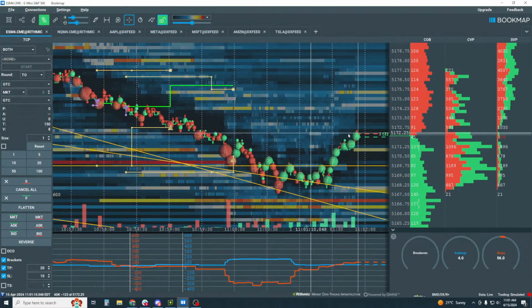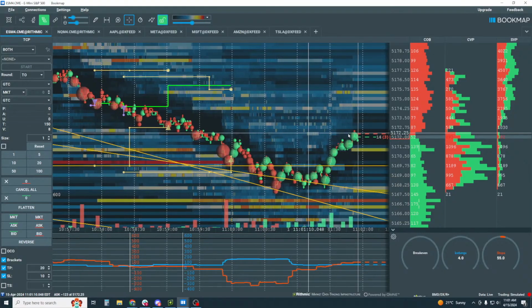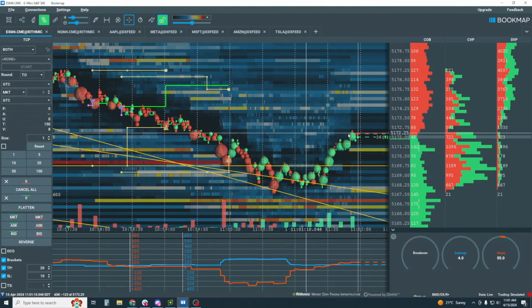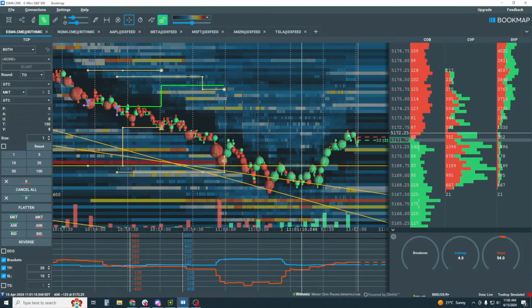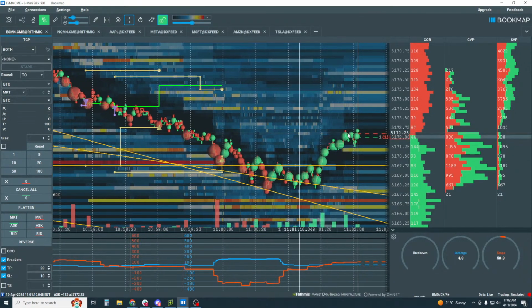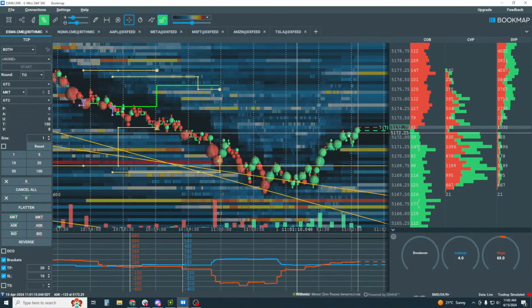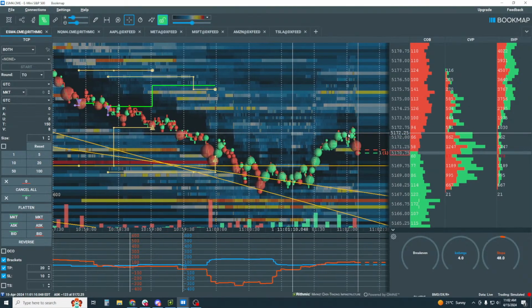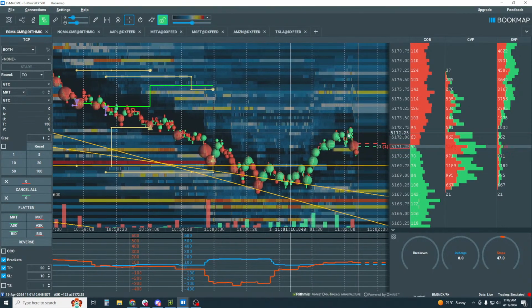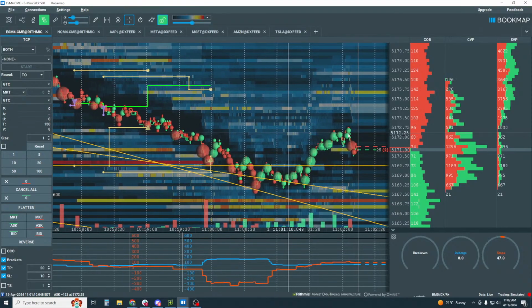We know that we have an edge. That kind of confidence makes all the difference. And then you start to manage your trade around those areas. But the scaling in and scaling out is the next step once you trust your edge.